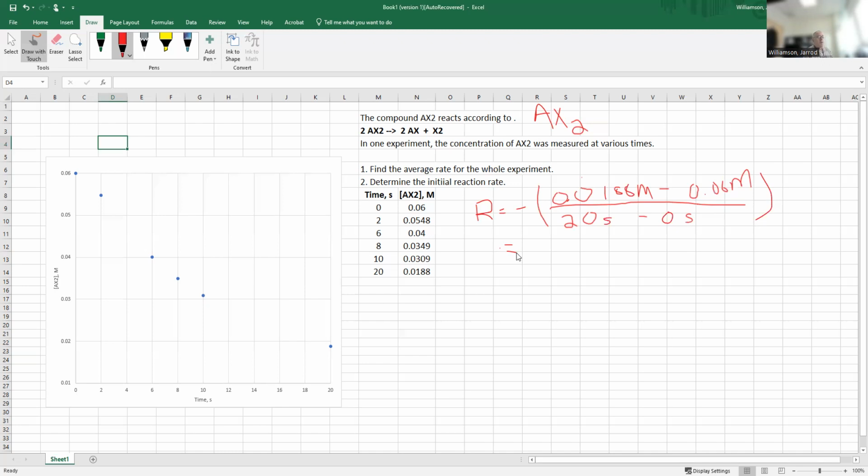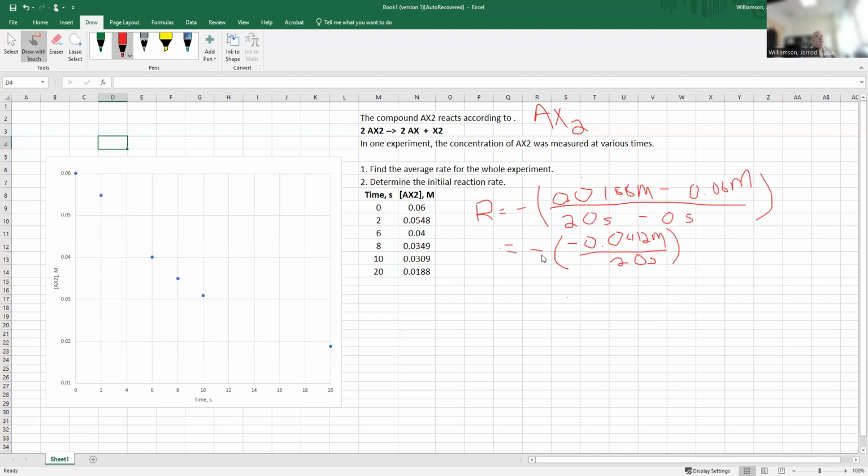So I'm going to go 0.0188 minus 0.06. That's going to give me negative 0.0412 molarity divided by 20 seconds, because 20 minus 0 is 20.